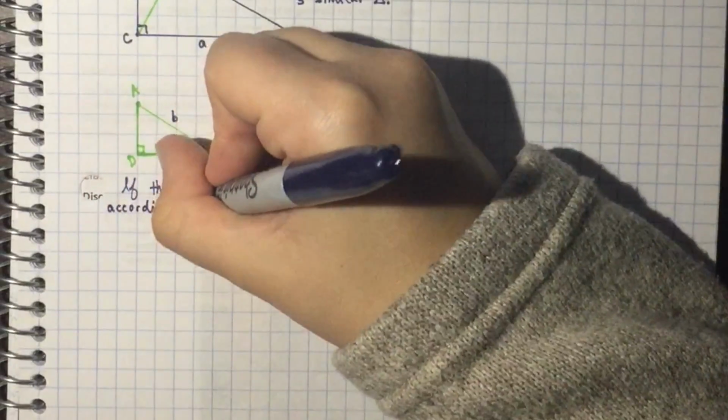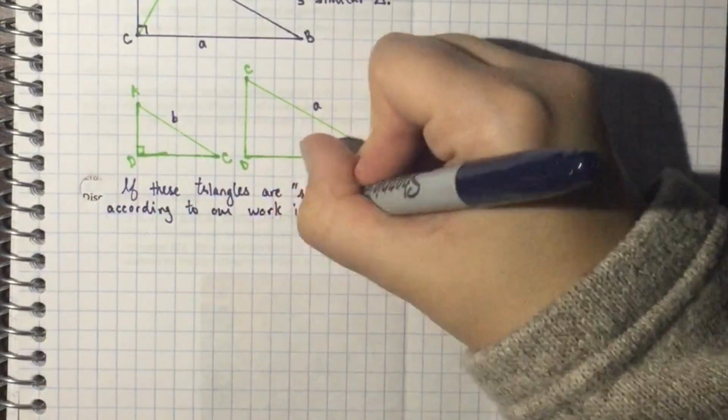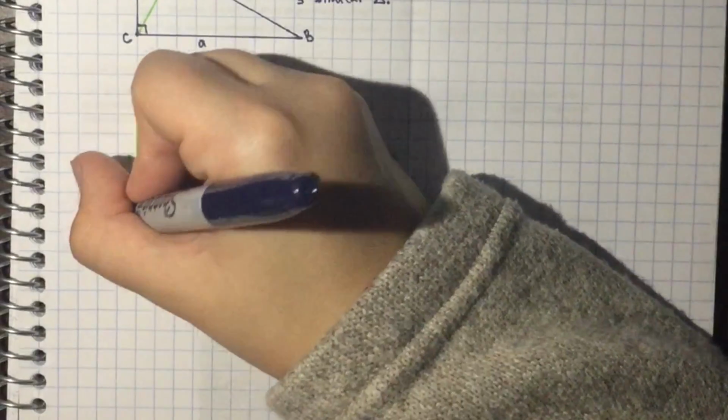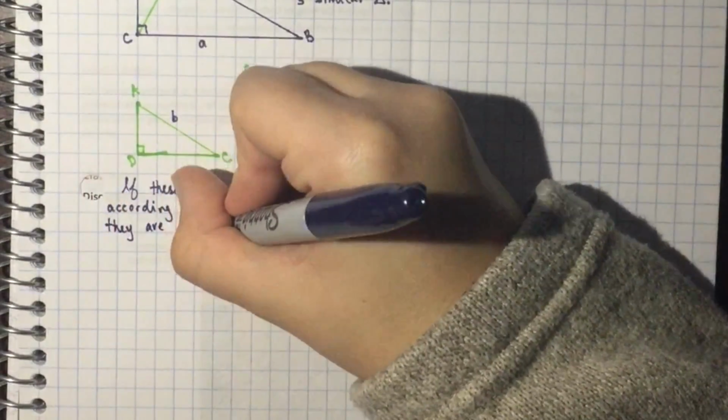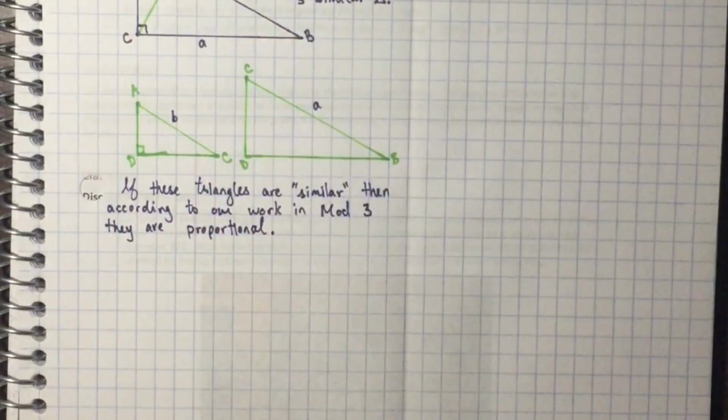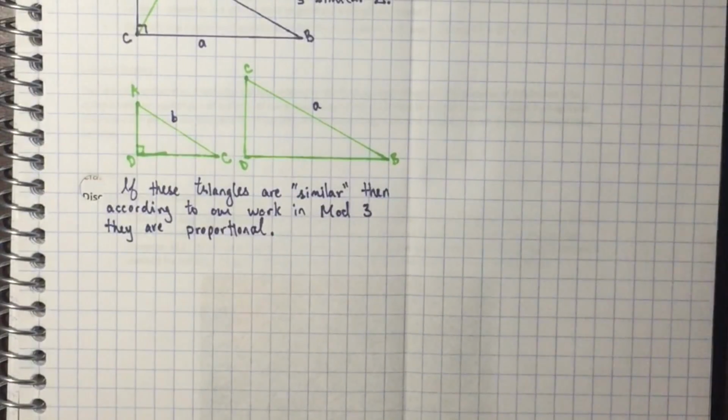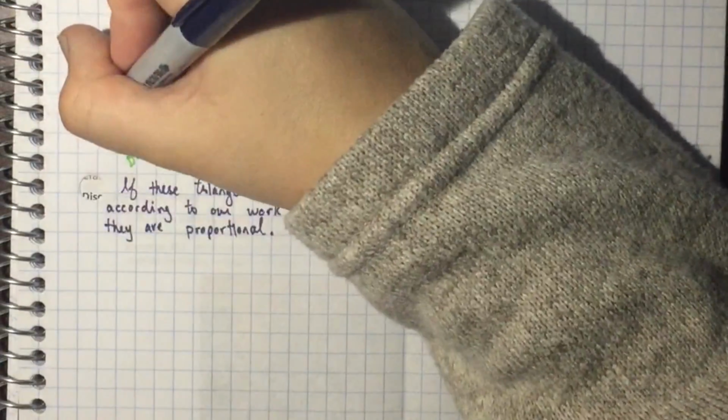This information is from Module 3, which was our unit on doing geometric dilations and proving similarity of figures. So if these triangles are similar, then according to our work in Mod 3, they are also proportional.